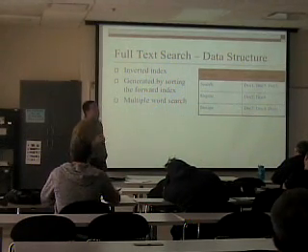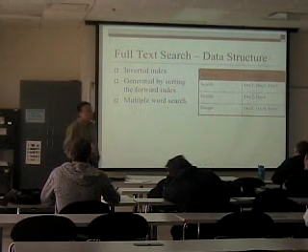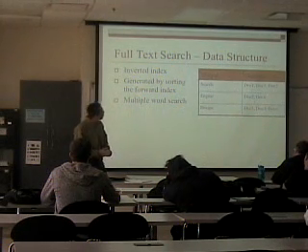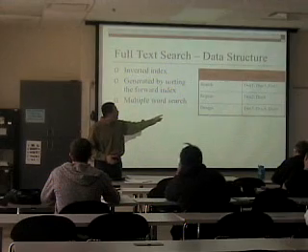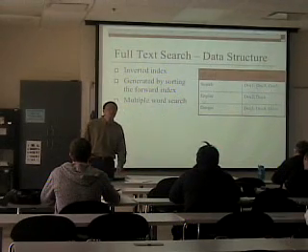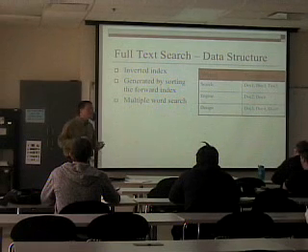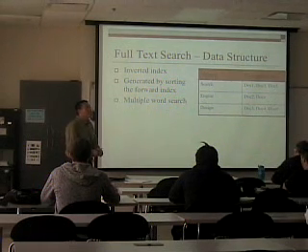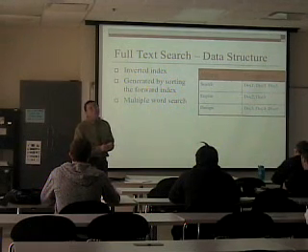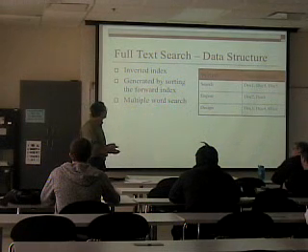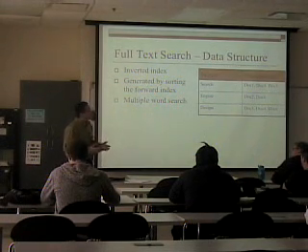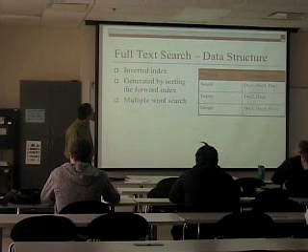So when I get a search term, say design, I can go to my index and find out which documents contain this word. That's the very basic idea. In actual implementation, it's a lot more than that, but I just want to give you a basic idea.